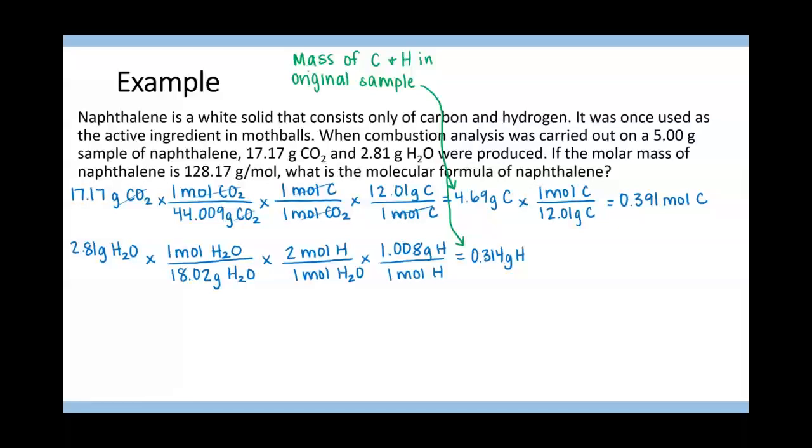We have moles of carbon in the original sample, and then we do the same steps using the molar mass of hydrogen to find moles of hydrogen in the original sample.